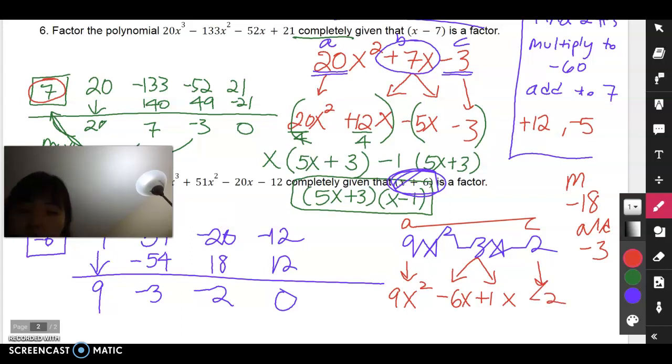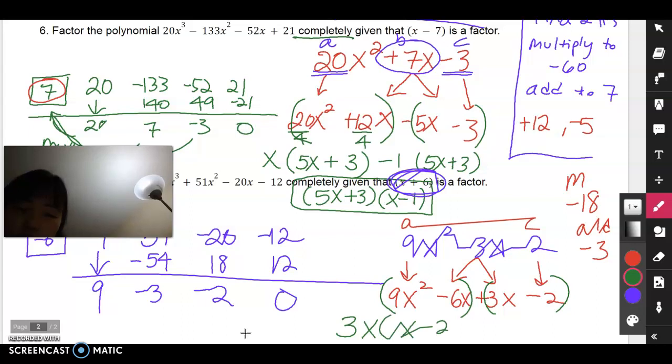Don't know why the pen is doing that. And then we factor 2 by 2. So I'm going to take out the 3x, and I'll have x minus 2 in here. What is going on? And I already have 3x minus 2.